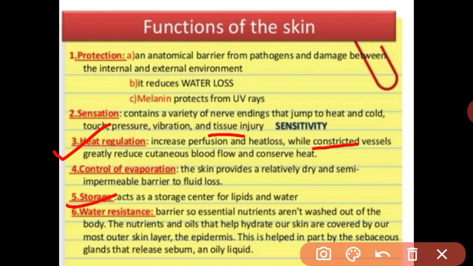The outermost skin layer is the epidermis. It helps the sebaceous gland release sebaceous liquid, which is a function of excretion. Sweating, oily sebum, meaning harmful waste is also excreted, eliminated through the skin.